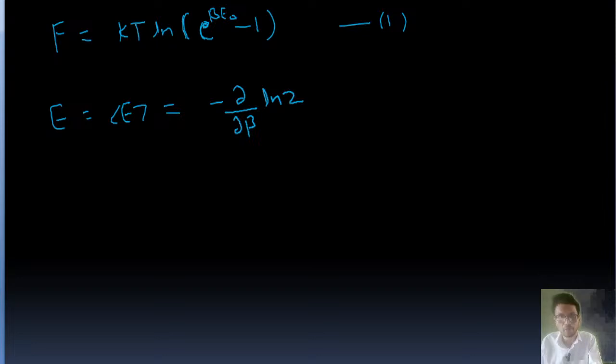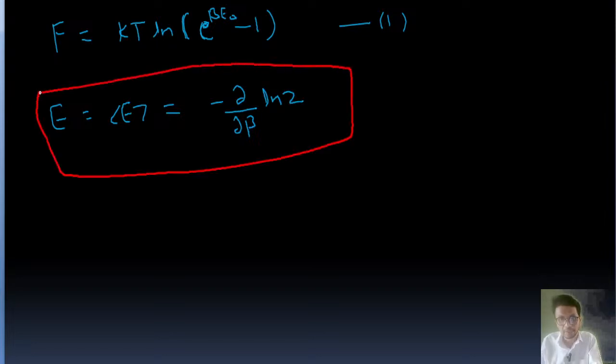This is the formula you need to note down: minus del upon del beta ln z. So now we'll put the value.